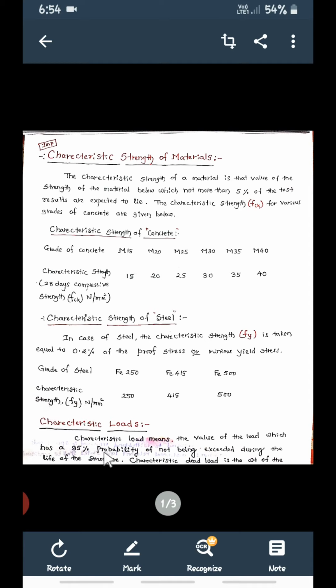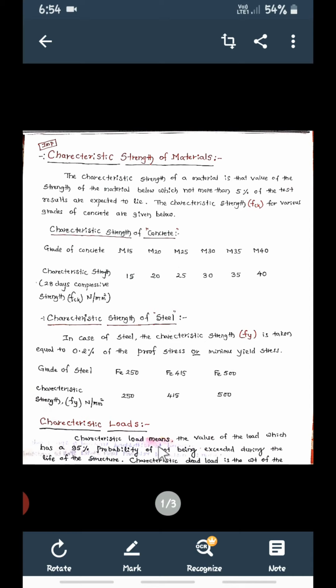Only 5% there may be chances of the load increasing, but there is a 95% chance the load will not increase during the lifespan of the structure. That load is considered as characteristic load.